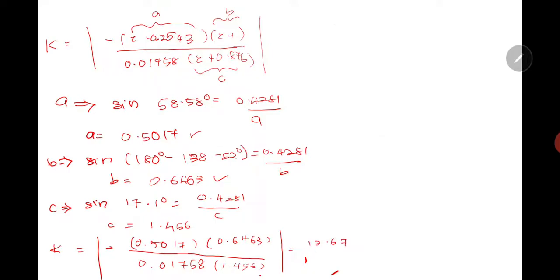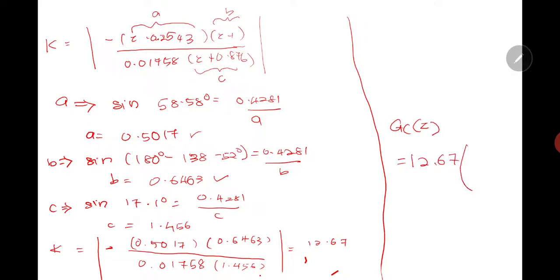So finally, the transfer function of the system, GC of Z, equals K, which is now 12.67, multiplied by Z minus alpha over Z minus beta.